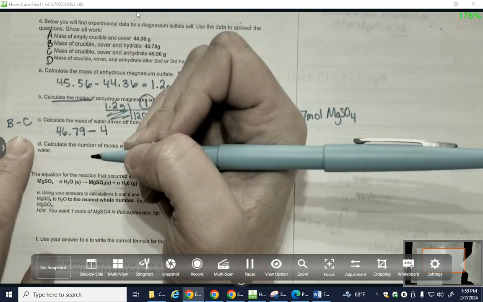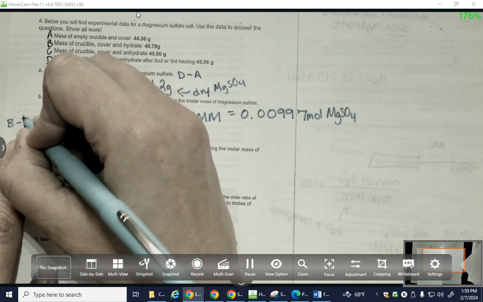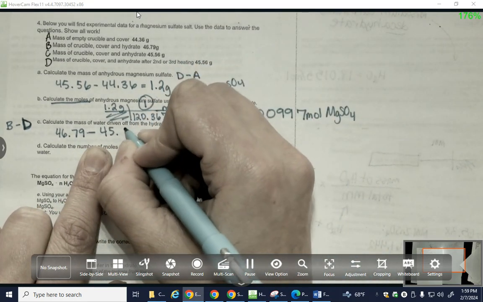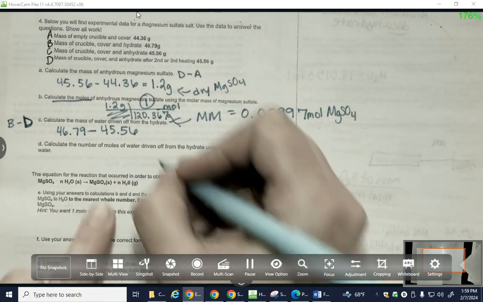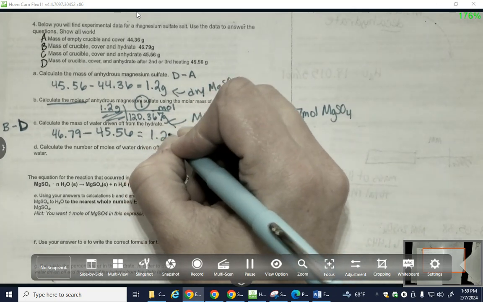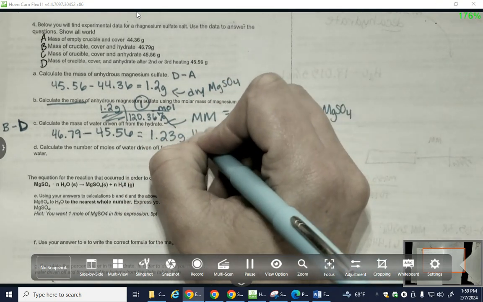Oh, I should have done minus D. Sorry. 45.56. Okay, so I got 1.23 grams of water.